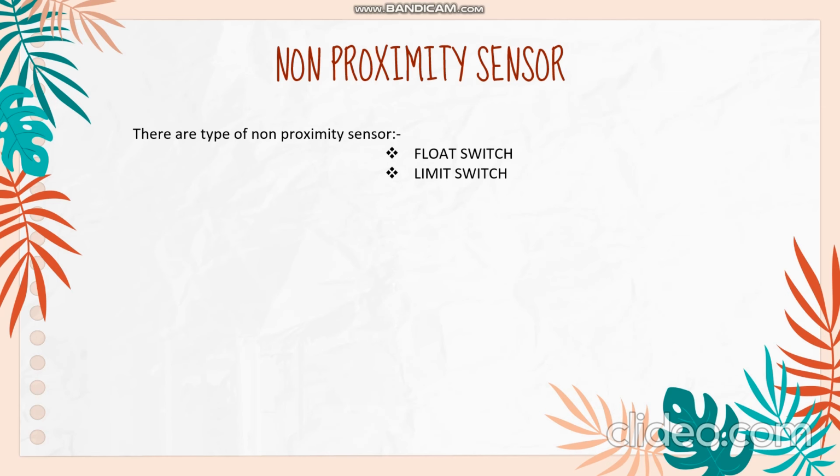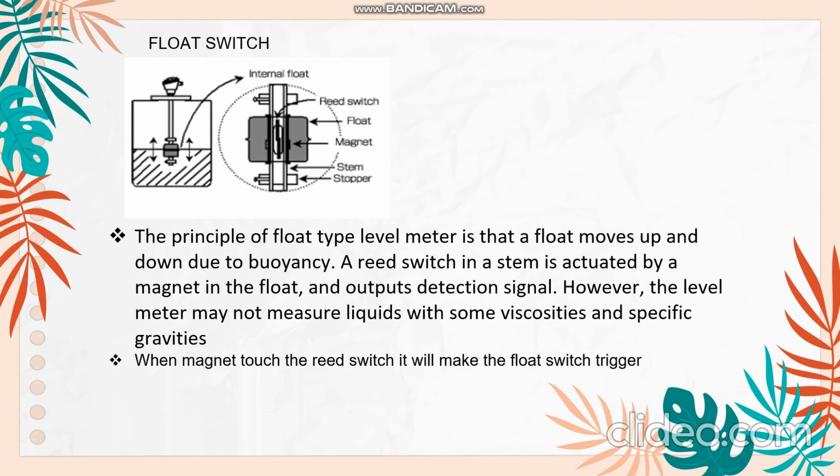For non-proximity sensor, there are two types of non-proximity sensor, that was float switch and limit switch. For float switch, they have an internal float. In the internal float, they have reed switch, float, magnet, stem, stopper. The principle of float type level meter is that the float moves up and down due to buoyancy.